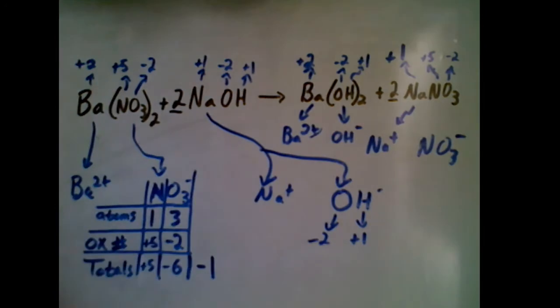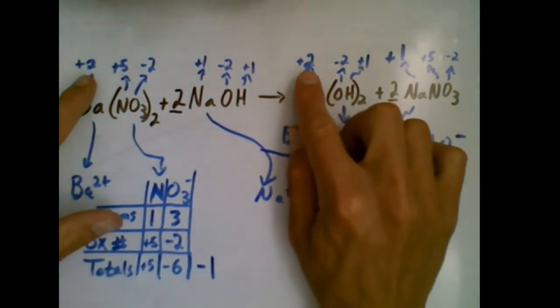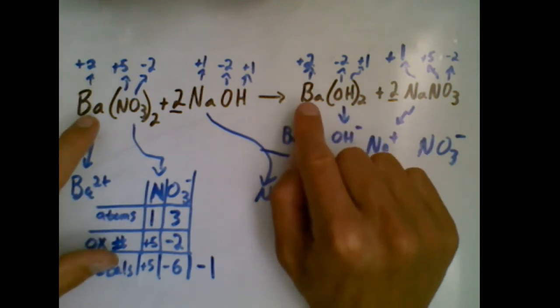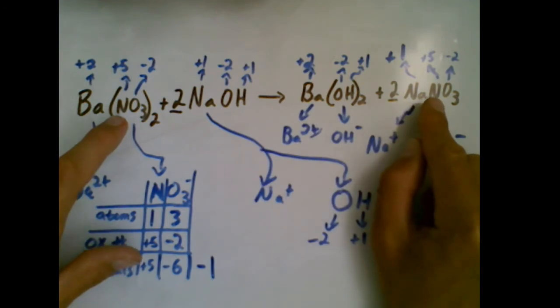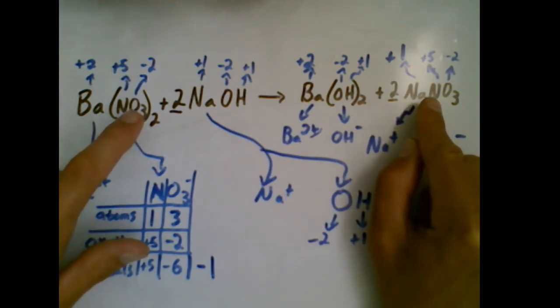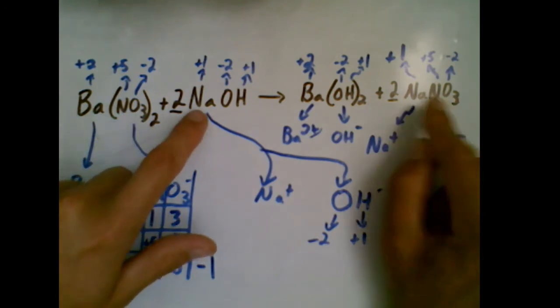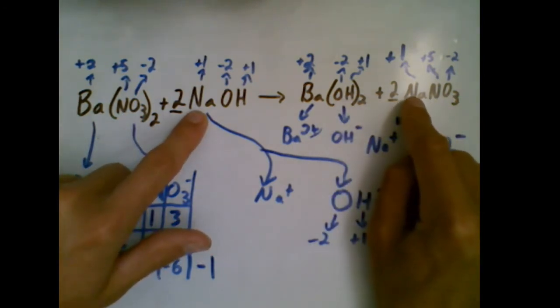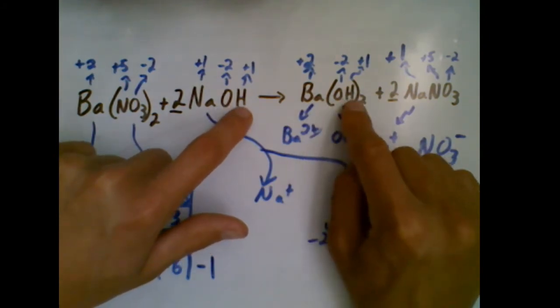Let's take a look at the oxidation numbers from each substance. Barium goes from +2 to +2. No change there. Nitrogen goes from +5 to +5. No change. This oxygen, -2 to -2. Sodium, +1 to +1. This O, -2 to -2. H, +1 and +1.